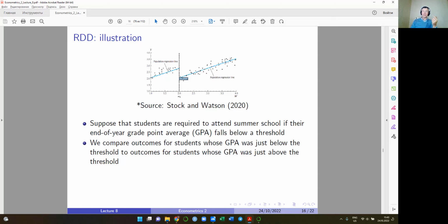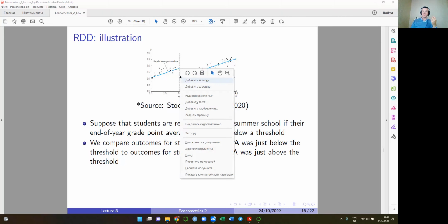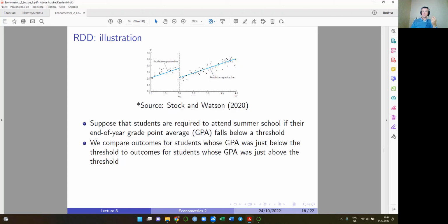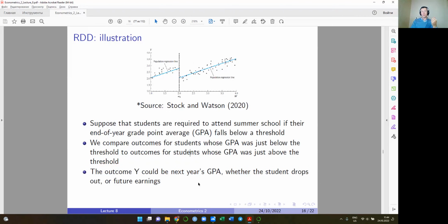So we compare the sample average near the threshold for the treated group with the sample average near the threshold for the control group. And this vertical distance is going to be the estimate of the causal effect. Now, probably the outcome can be something else, like if the student drops out or future earnings, something like that.